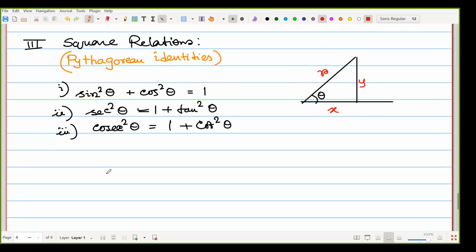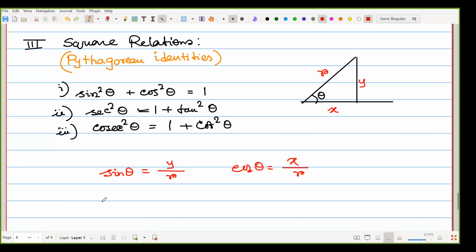Okay, so our sine theta is equal to, we can write, y by r, perpendicular divided by hypotenuse. Cos theta, we can write x by r, base by hypotenuse.